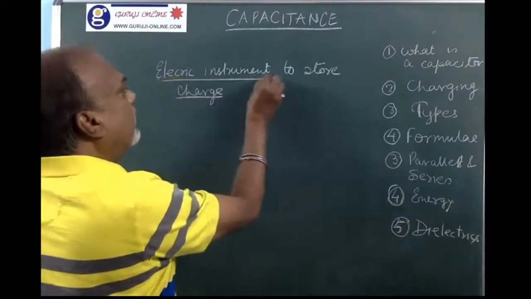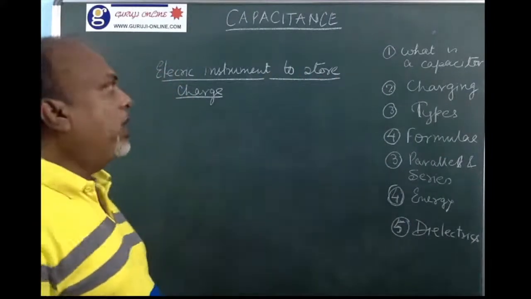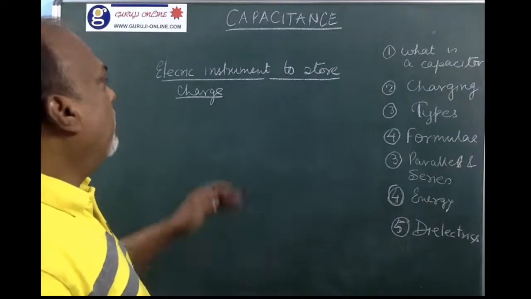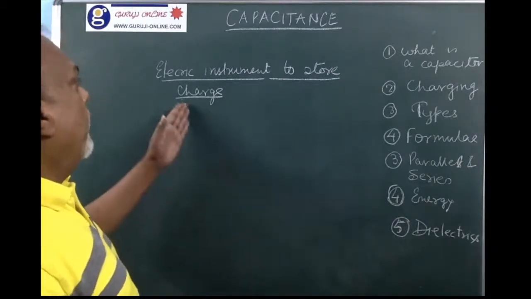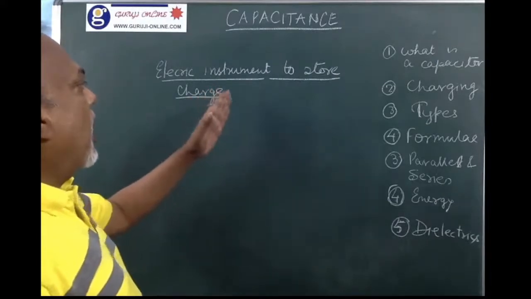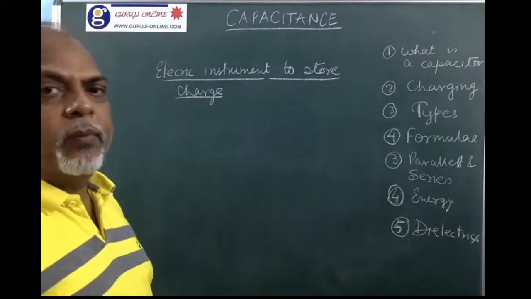We have seen how the charges are created, and we have learned so many things about electric charges. But in this chapter, how we can store a charge, this is all about capacitance.